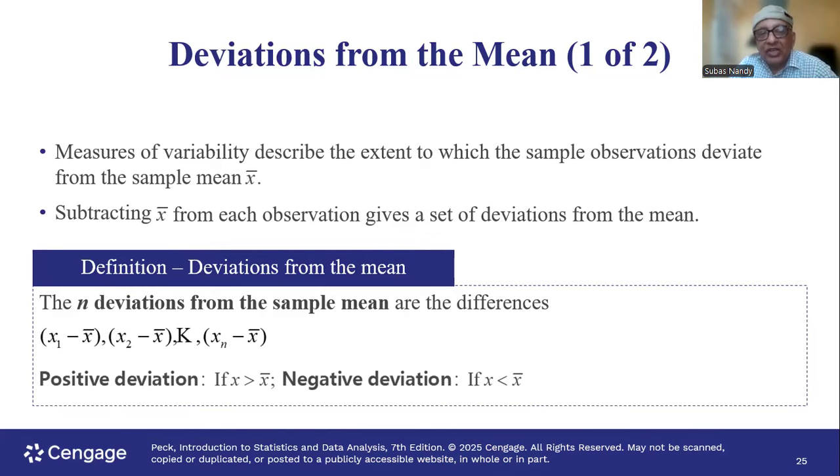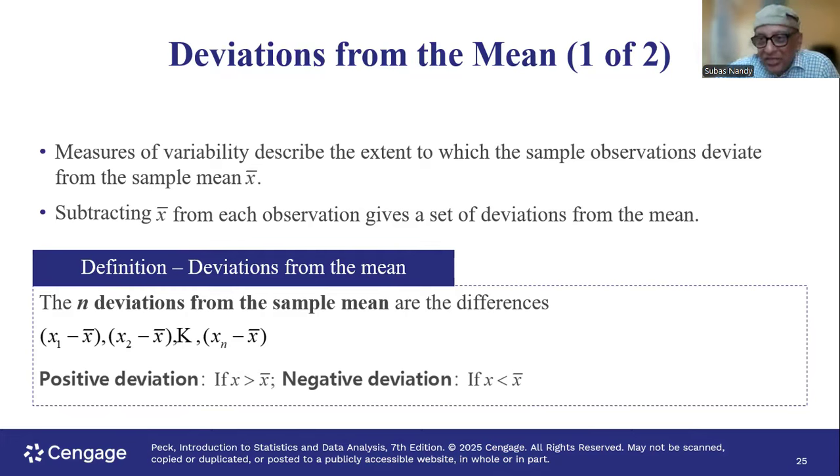X1 is an observation, X2 is another observation. X1 minus X bar is the difference of the number X1 from the mean. It is also called deviation, which is the same as the difference of the number from the mean. If the number Xi is greater than the mean, that means the deviation is positive.